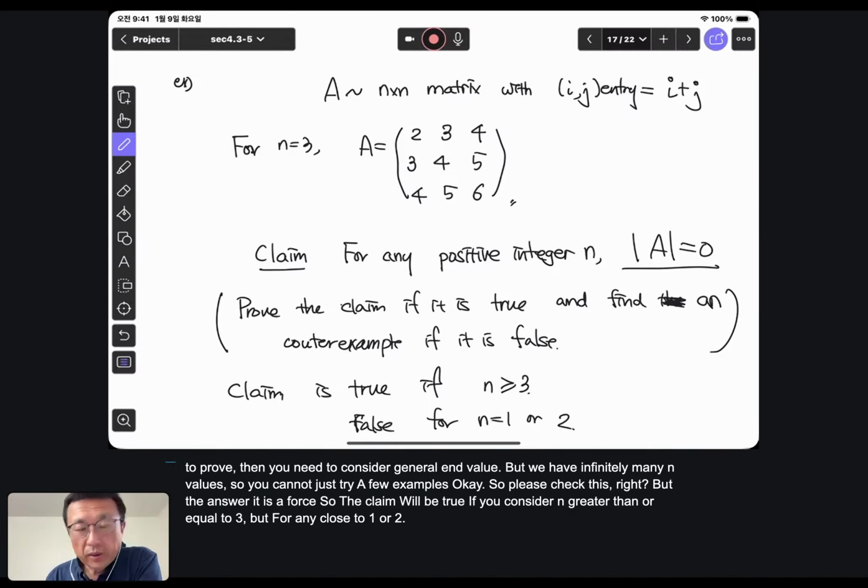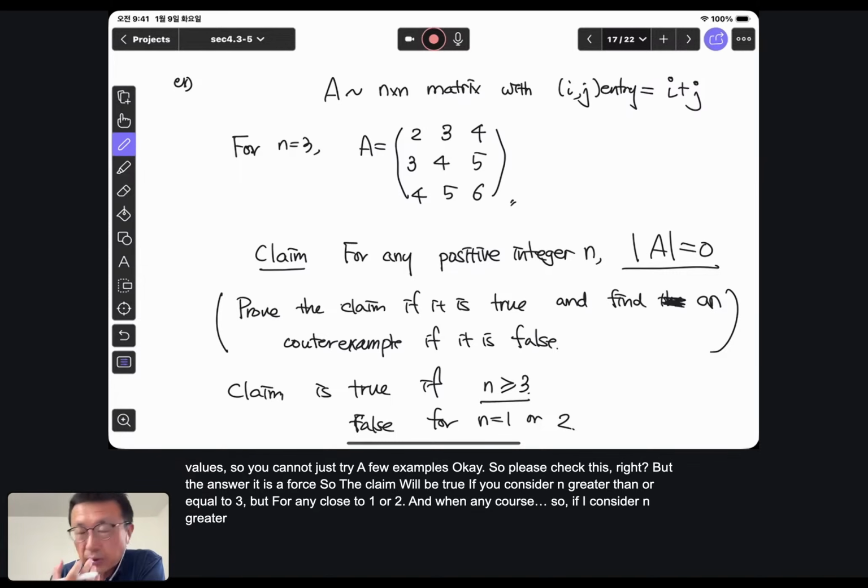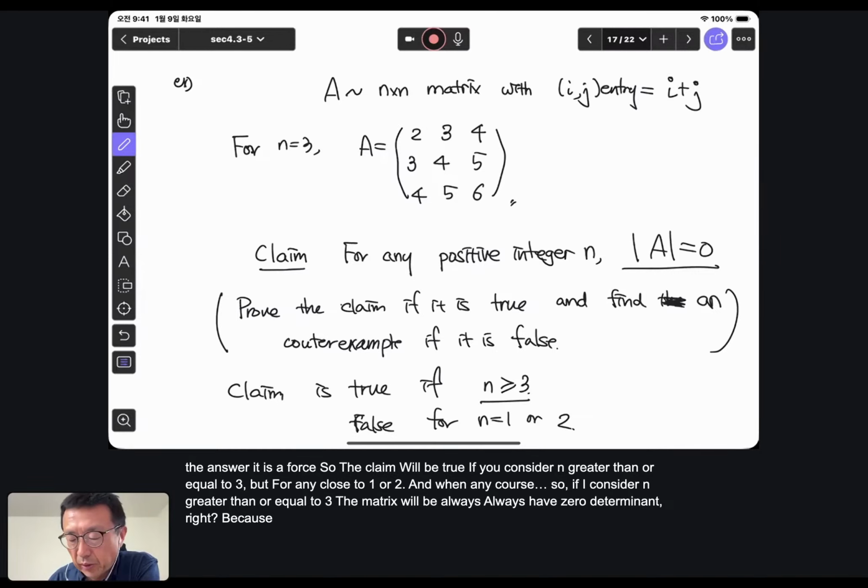So if I consider n greater than or equal to 3, the matrix will always have zero determinant, right? Because, how can I claim this?